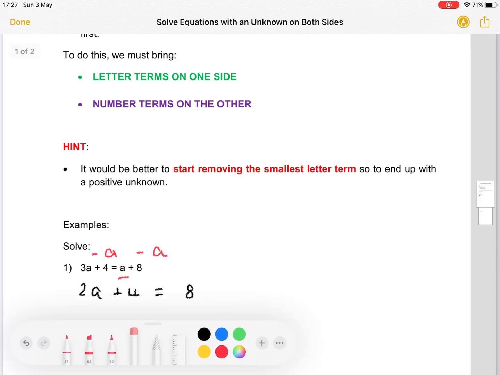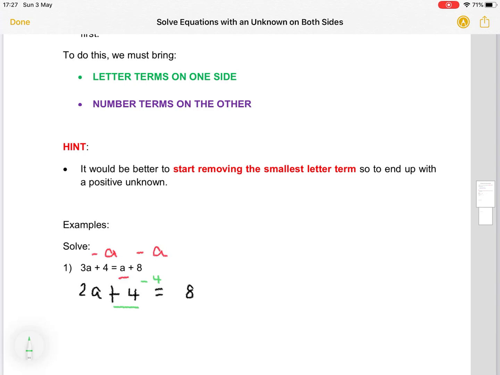To remove that plus 4, we must subtract both sides by 4. So minus 4 on the left and minus 4 on the right.